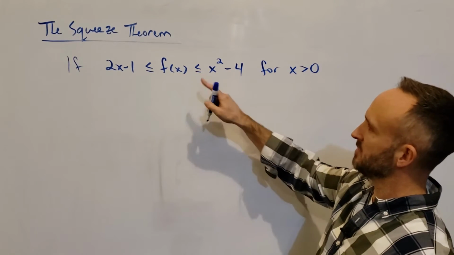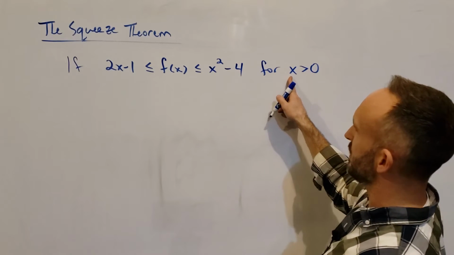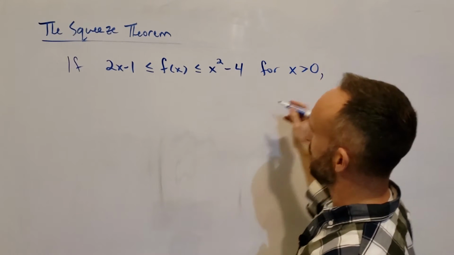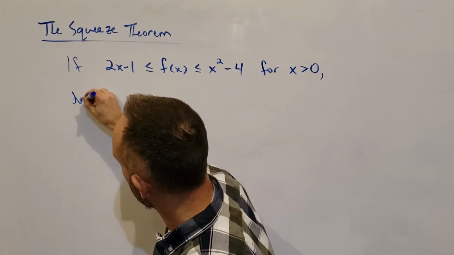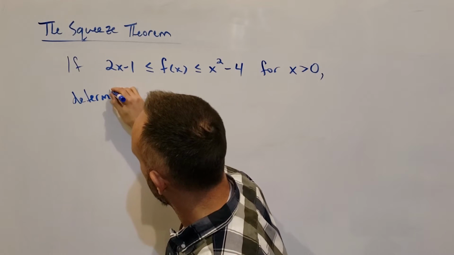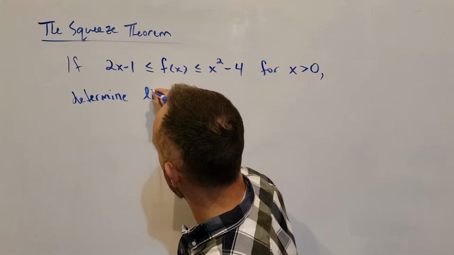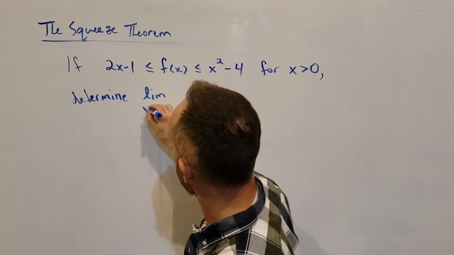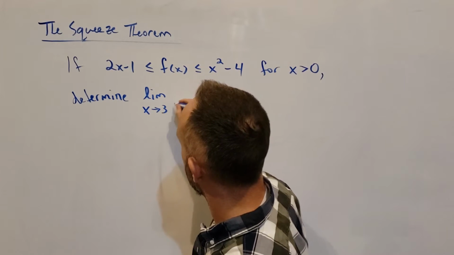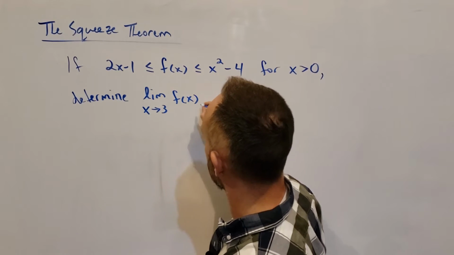So if f of x is between those two functions for every x greater than 0, determine the limit as x approaches 3 of f of x, okay?